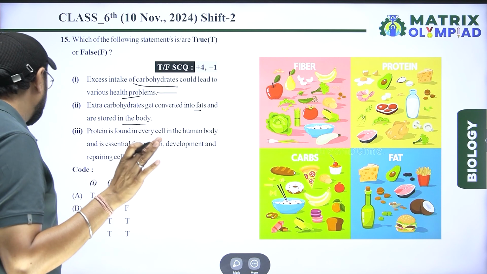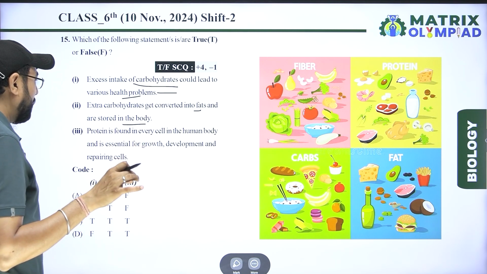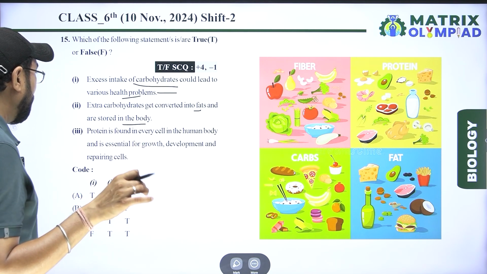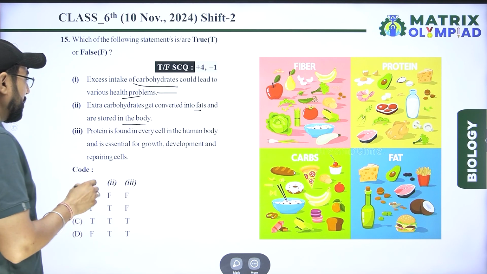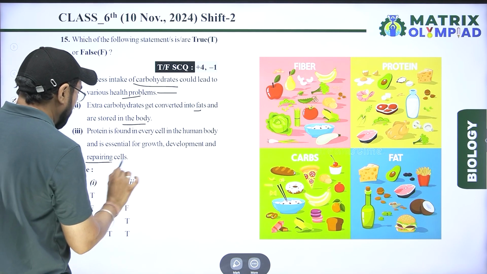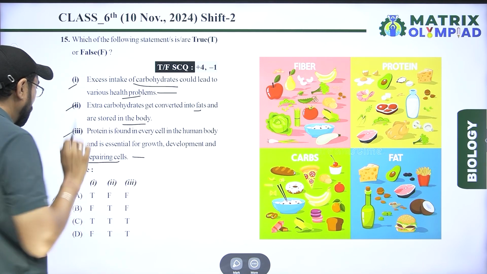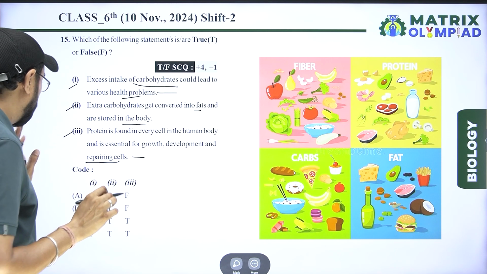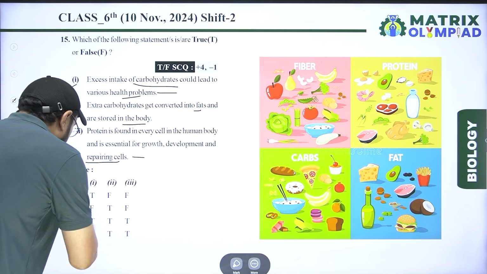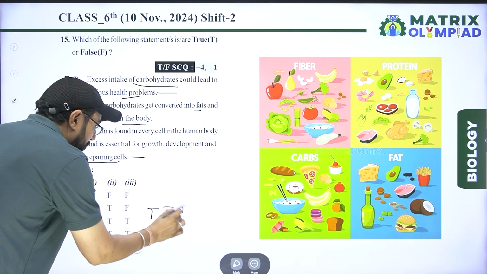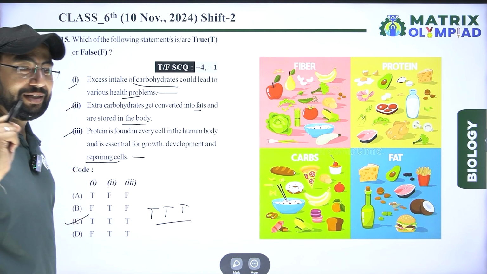That is right. Protein is found in every cell in the human body, is essential for growth and development and repairing cells. That is right. True, true, true, option C is right.